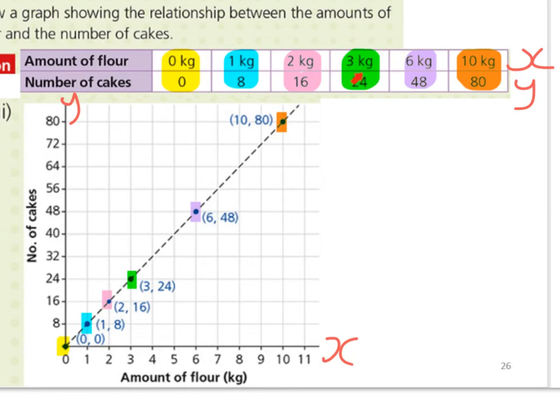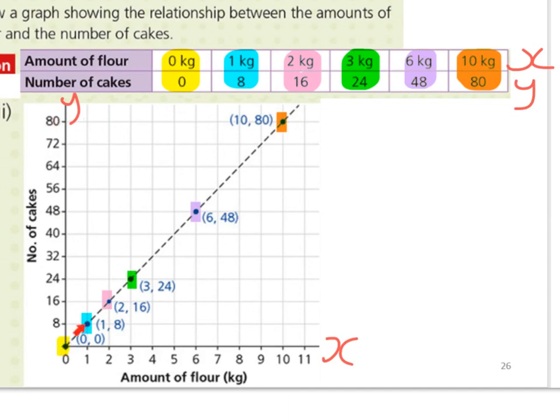Then 3, 24. There's 3, 24. Matches up with 3 on the x-axis, 24 on the y-axis. Then 6, 48. There's 6, 48. Matches up with 6 on the x-axis, 48 on the y-axis. And then 10, 80. There's 10, 80. Matches up with 10 on the x-axis and 80 on the y-axis.